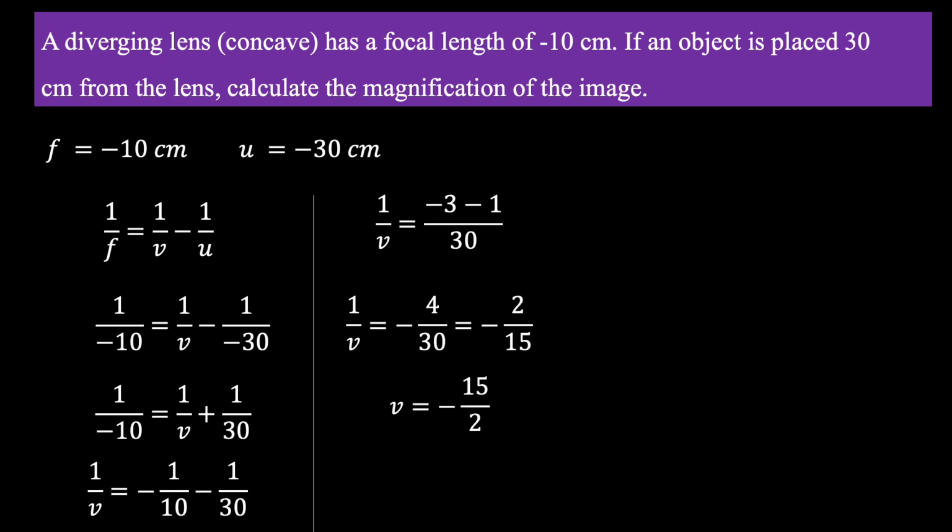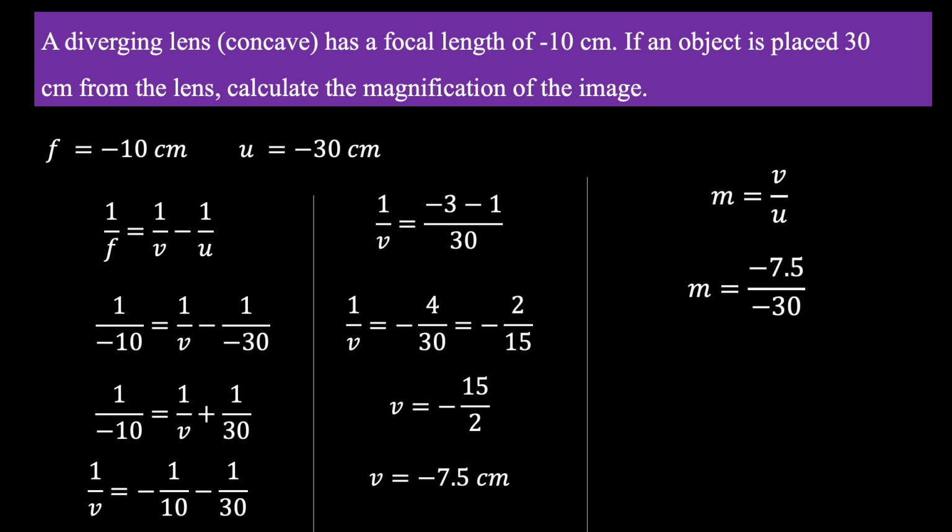So v will be equal to minus 15 by 2, and therefore v will be equal to minus 7.5 centimeters. This is the image distance. Now we need to find the magnification. So m is equal to v by u. Therefore m is equal to minus 7.5 divided by minus 30.